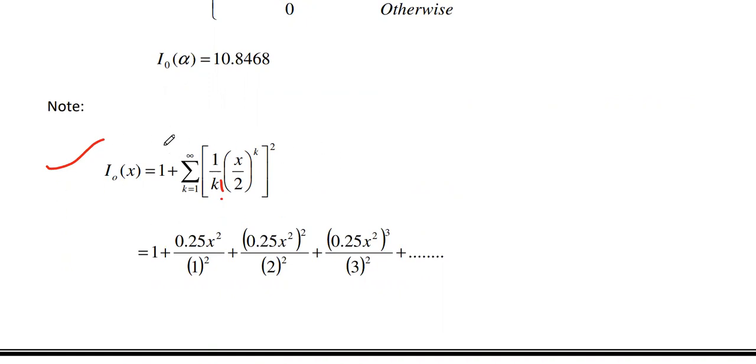If you expand this, we get 1 plus (0.25 x squared by 1 factorial) the whole square, plus (0.25 x squared) the whole square divided by 2 factorial the whole square, plus (0.25 x squared) to the power 3 divided by 3 factorial whole squared, plus etc. The series is infinite, so for calculation you just do some 7 terms. You find the 7 terms and add them, and we can get the I naught of x value.